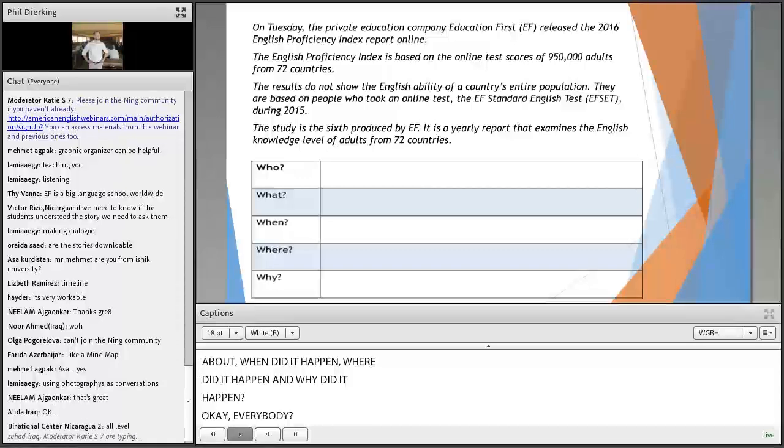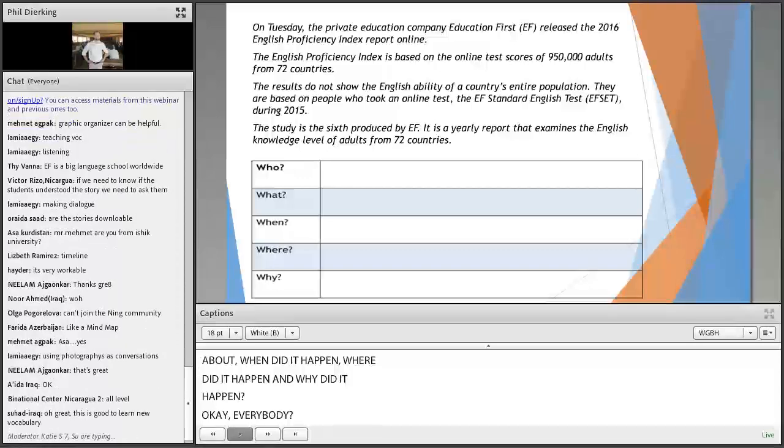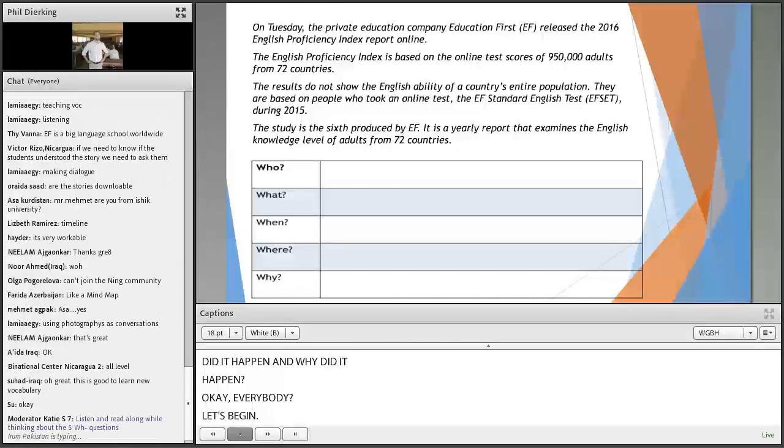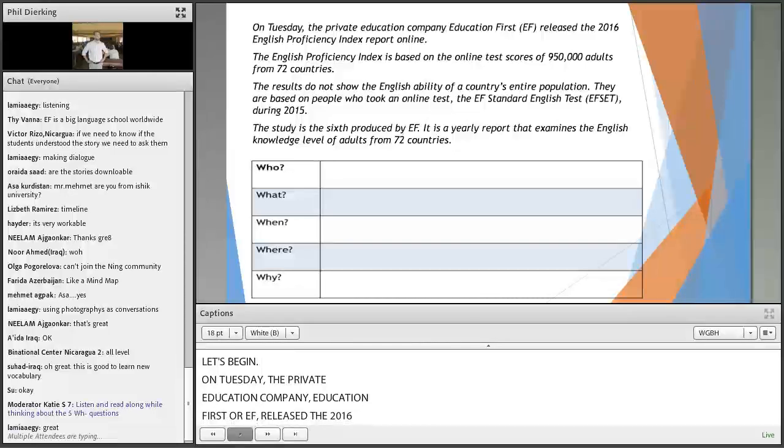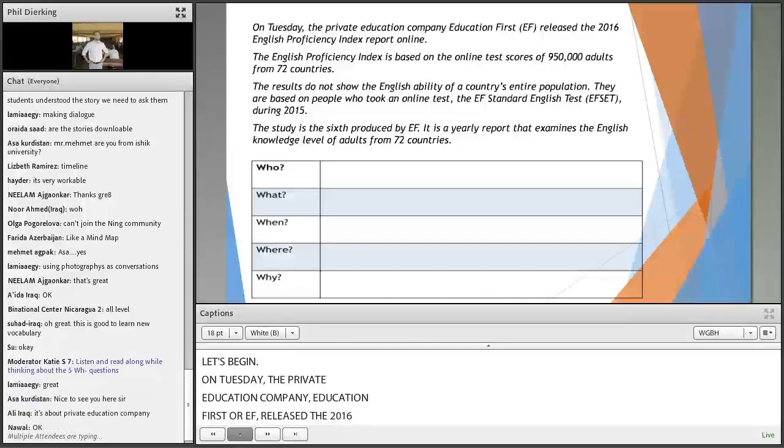On Tuesday, the private education company, Education First, or EF, released the 2016 English Proficiency Index report online. The English Proficiency Index is based on the online test scores of 950,000 adults from 72 countries.